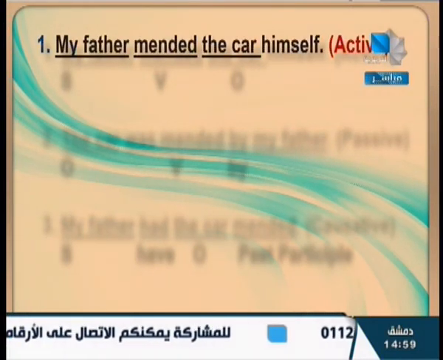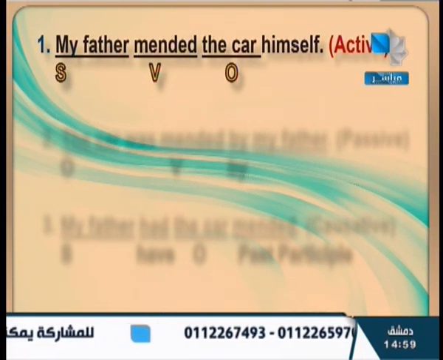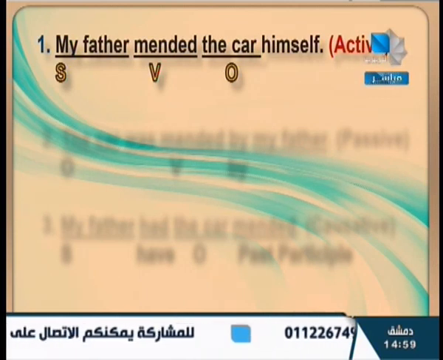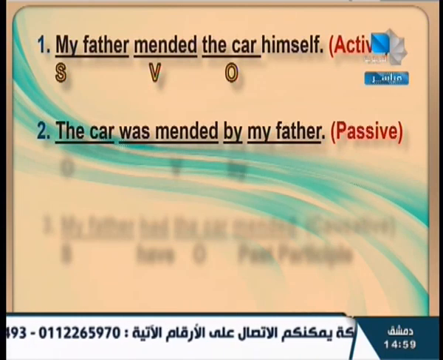First, we have to differentiate between 3 structures. We have 3 sentences here. My father mended the car himself. It's an active sentence. My father is the doer of the action. The sentence tells us what the subject did. The second one, the car was mended by my father. It's a passive sentence.